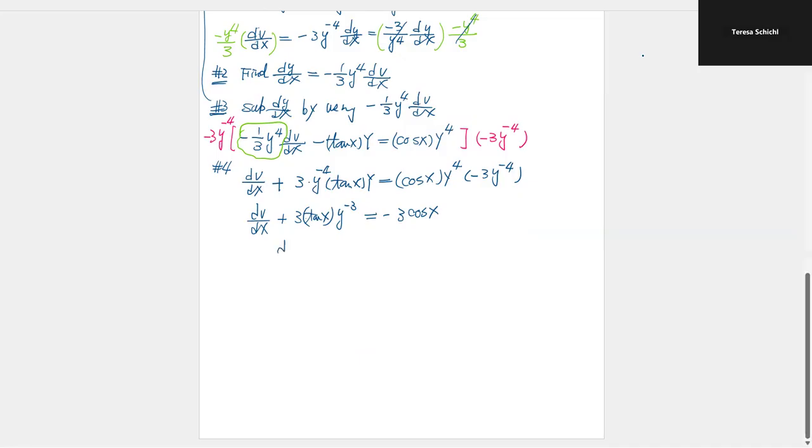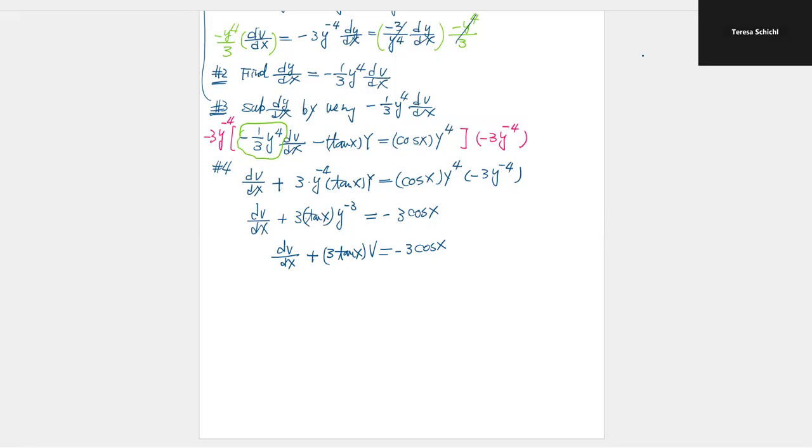So dv/dx plus, I know y^-3 is v, so this will be 3 tangent x times v, equal to negative 3 cosine x. Okay, now this is good. We finally changed this into a simple linear differential equation.